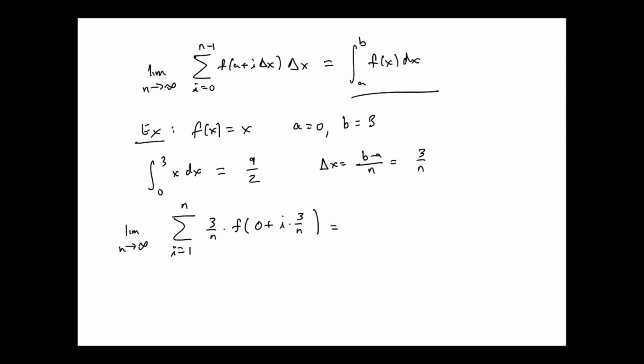The second step is, what is f of something? f of x is x, and so f of this thing is really just the thing. So I can simplify considerably in this case.